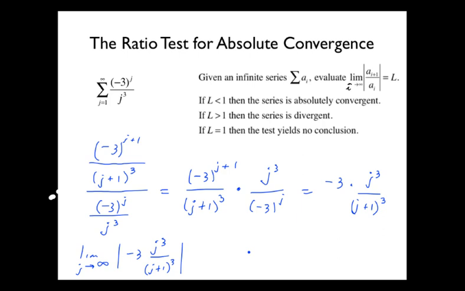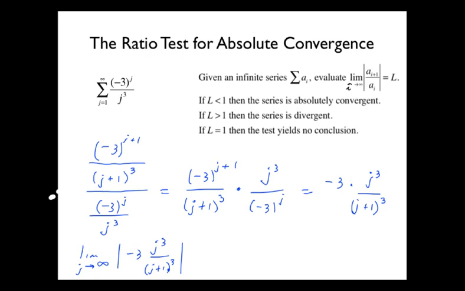It's absolute value. Okay. And so we remember back to our sequences. We're experts at sequences. We've got j cubed over j plus 1 cubed, and we're going to let j get really big. And so the limit of that thing is a sequence now. Sequence.